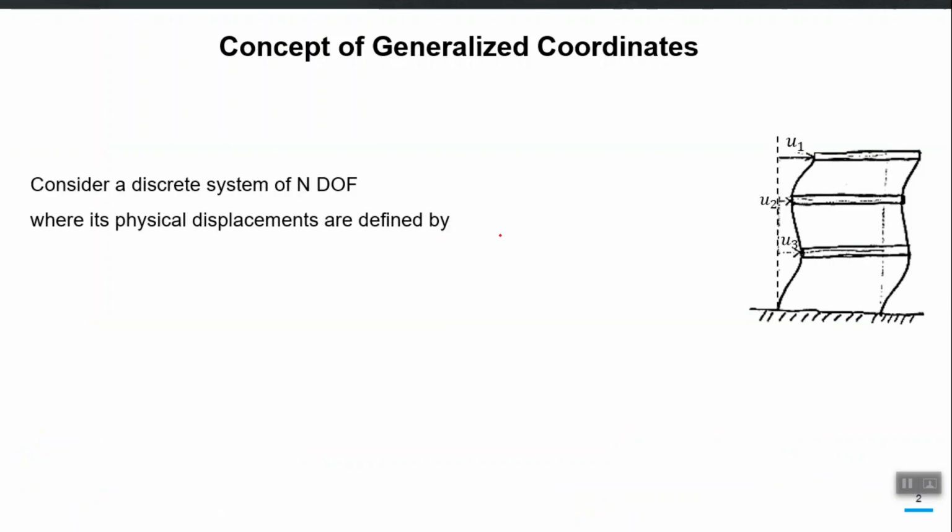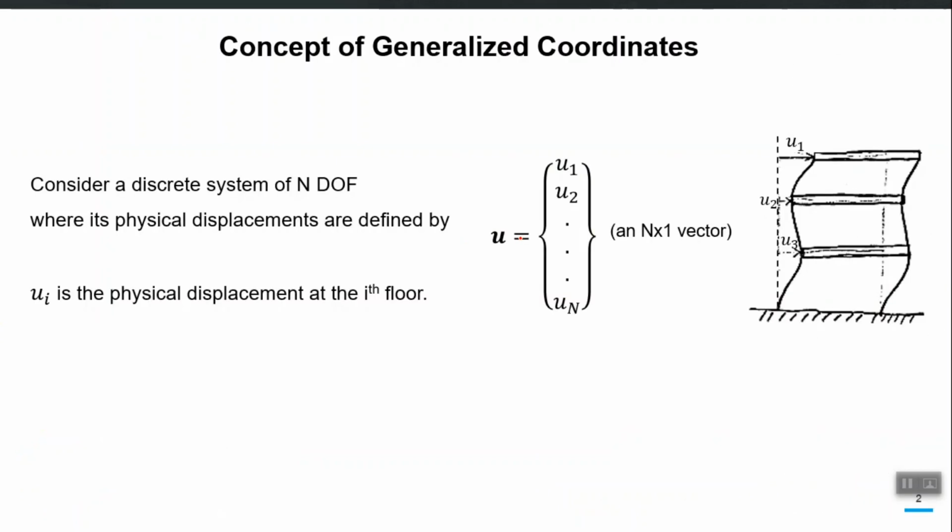So, let us quickly revise what generalized coordinates were. The idea was that if you have any vector, for example the u vector containing some quantities, in our case let us say the displacement vector of our multiple degree of freedom system, and this is a physical vector, which means each entry is actually a physical displacement of your structure, the displacement of a particular story.